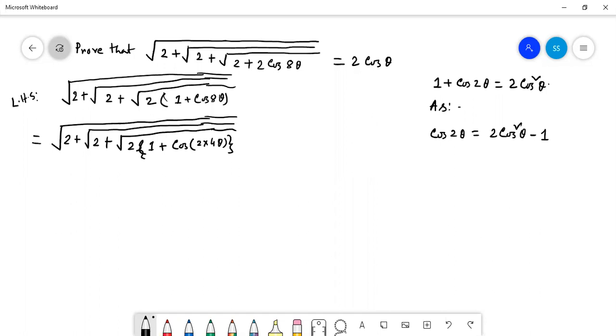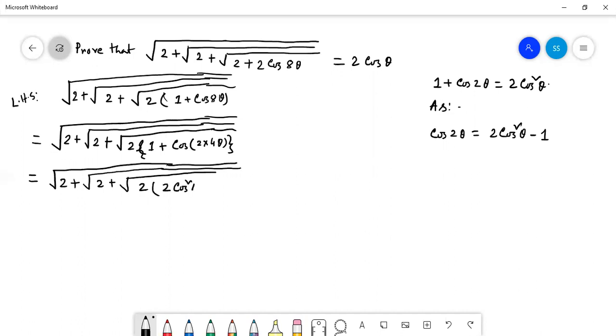So we are using this formula here. If it is 4 theta, 1 plus cos 2 into 4 theta, that means 2 cos square 4 theta.